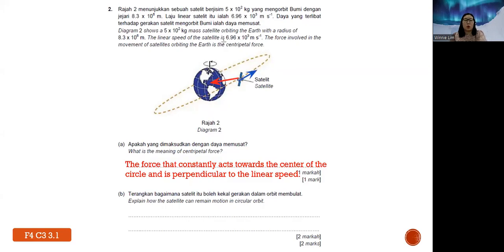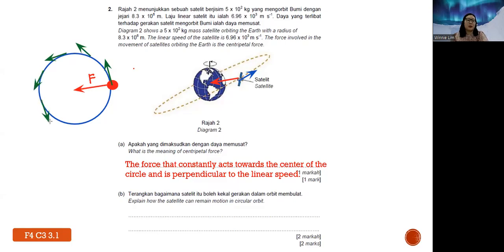If teacher draws it in an easier way, this is the direction in which the object circulates. The centripetal force will act towards the center, and the speed is always perpendicular to it. When the object is here, the velocity is at a tangent to the circle.